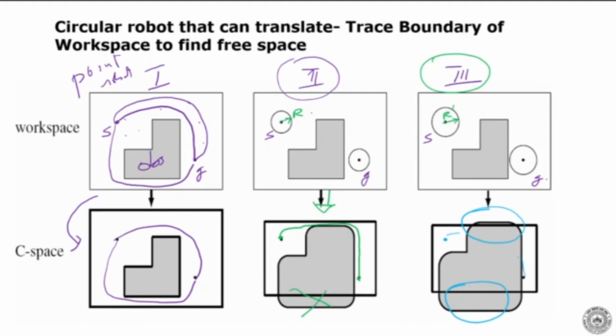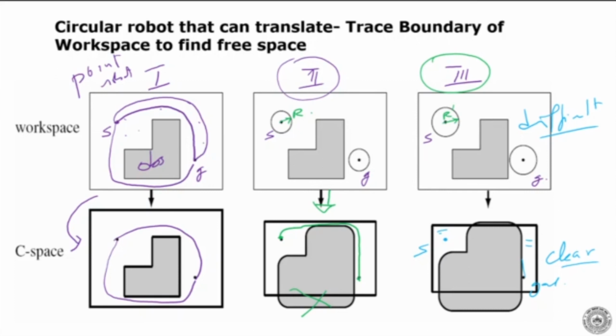There is no path, which was actually difficult to say just by looking at this figure. But here it is very, very clear. It is extremely clear that there is no path, because the two sides, the start and the goal, are disjointed. There is no connection between this side and this side. So how can it go?